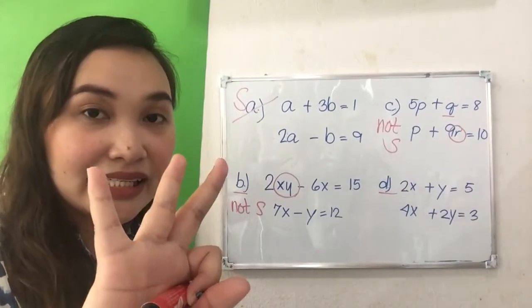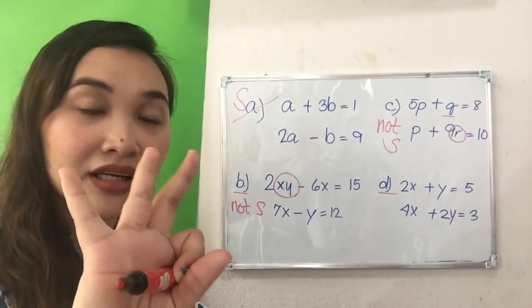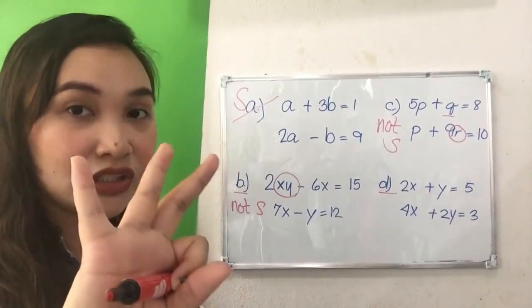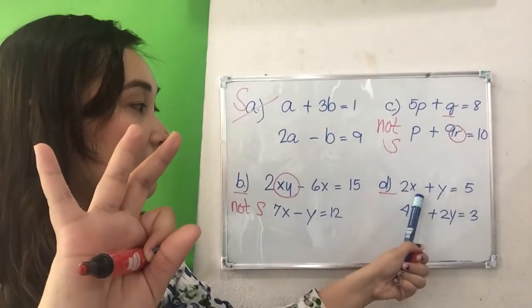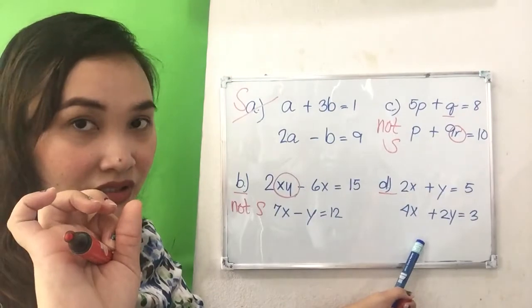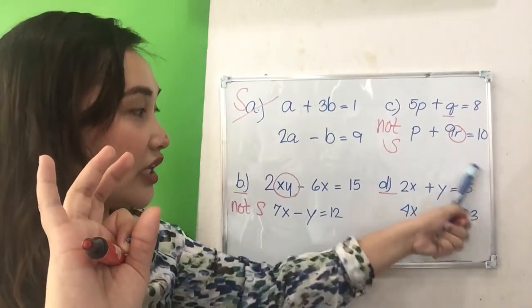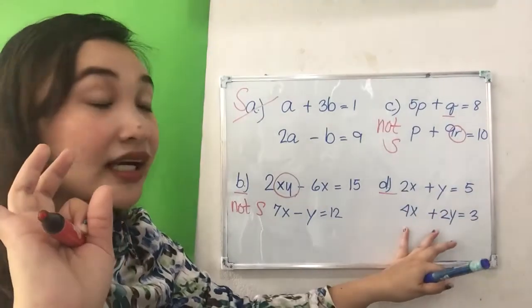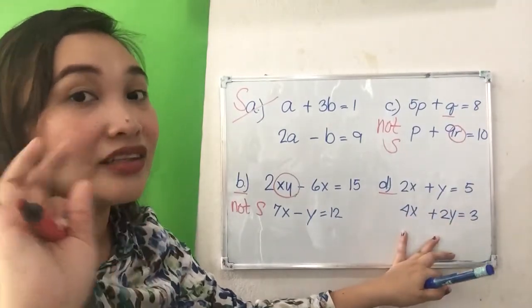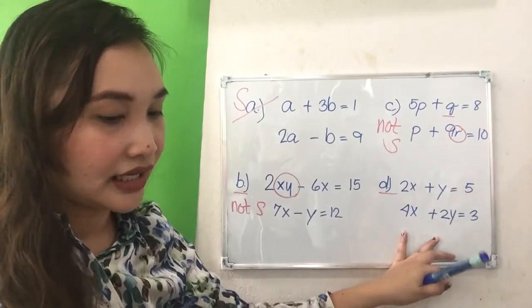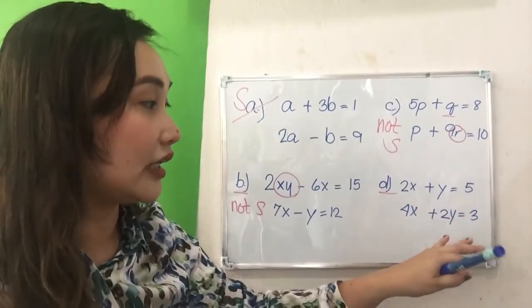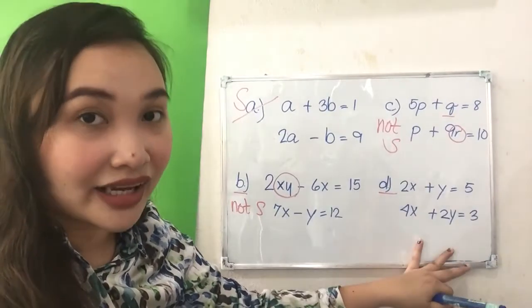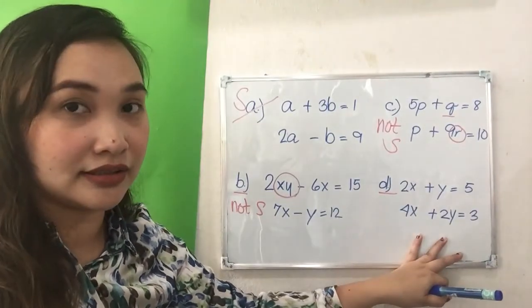And letter C, we check if they have a common value of the variables. So this equation here shows that they don't have a common value that satisfies the equation.